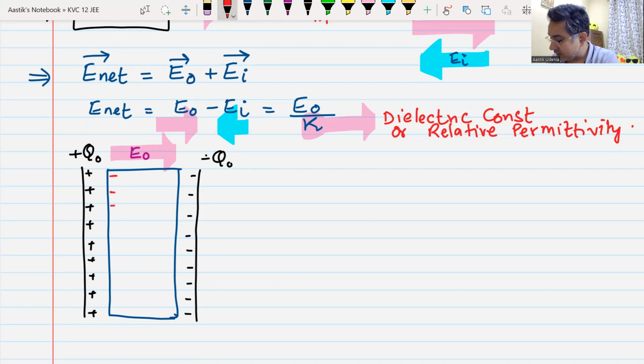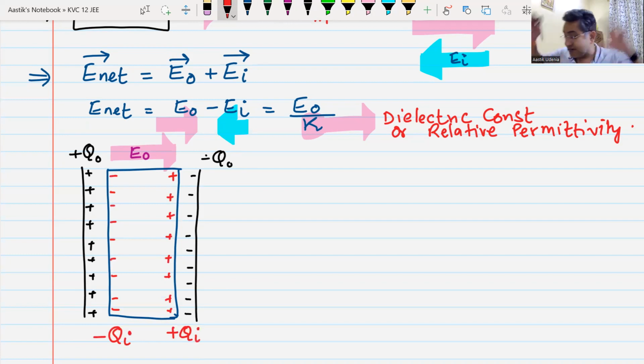On the left hand side I will get negative charge, and on the right hand side positive charge. Okay, good. Now let me write the negative charge as minus Qi, and the positive charge as plus Qi. We understand this up till now? So far so good? Yes, sir.